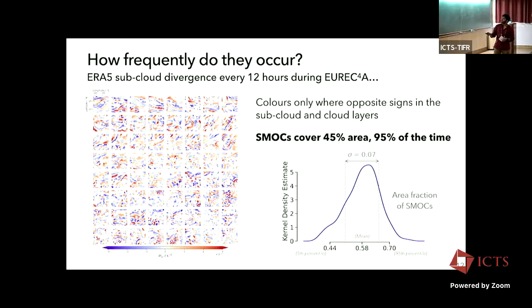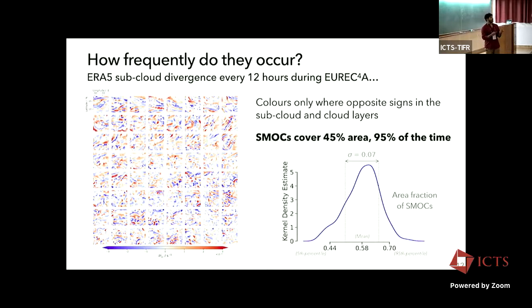It seems that you have at least 45% of the area covered with such circulations almost the whole time. If you plot a distribution, on average, a 10 degree by 10 degree domain is about 58% covered by such shallow circulations. The impact of such shallow circulations on clouds, or the other way around, is not represented in that grid.